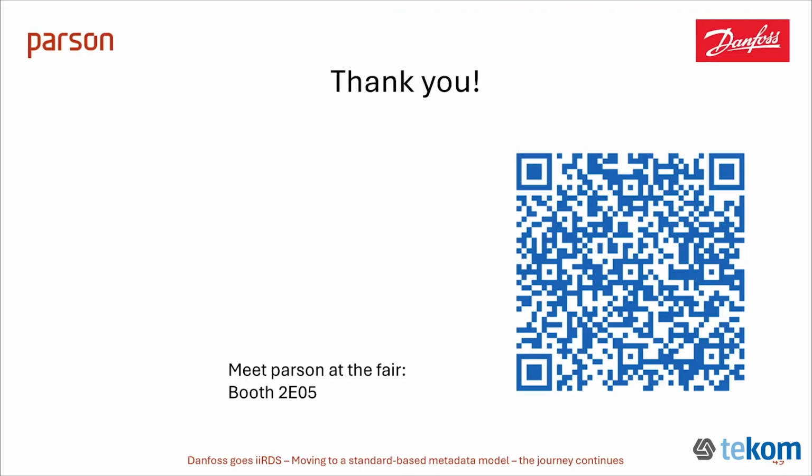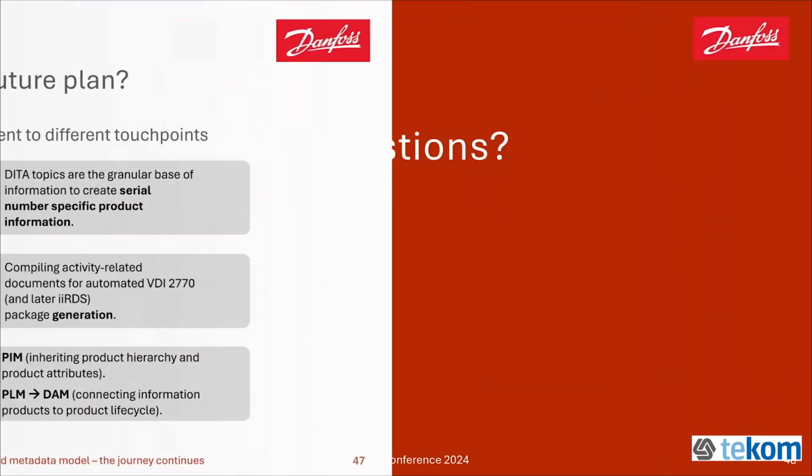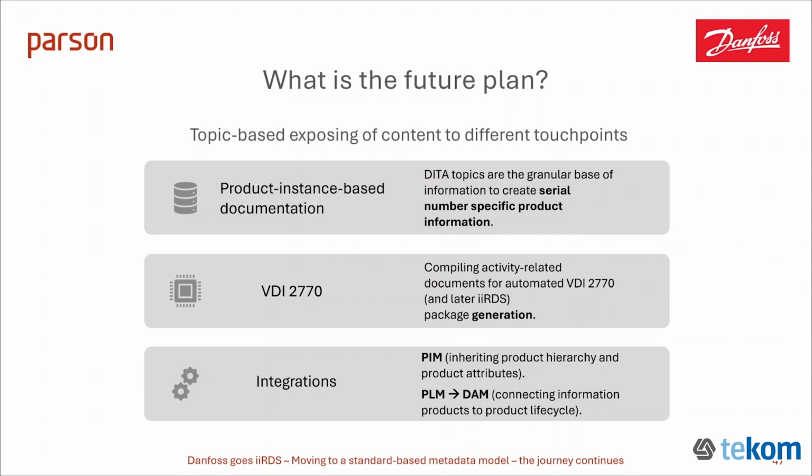And same approach here. This is just one scenario, right? Product instance-specific documentation via VDI 2770, which we do already, but manually currently. So that will be integrated in that journey.